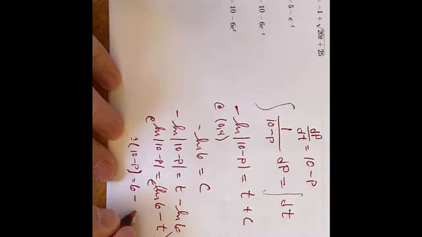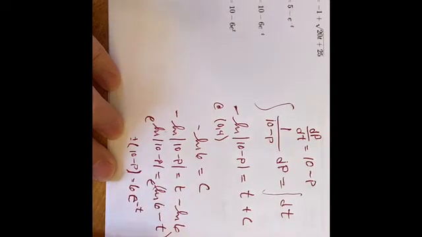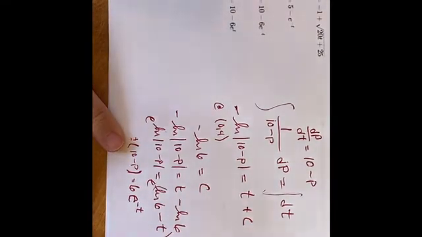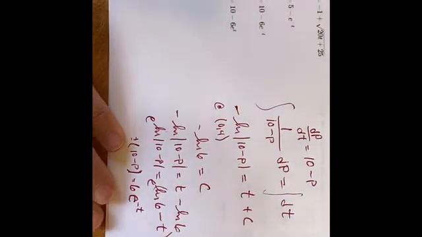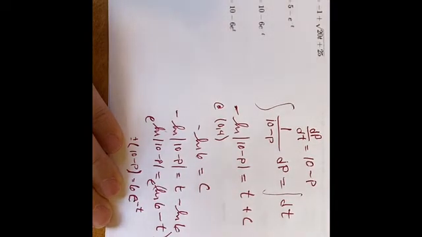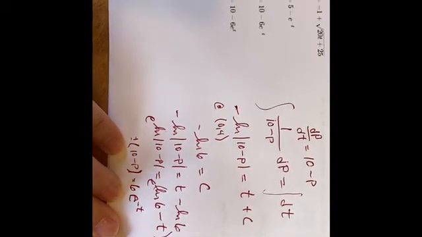I'll just say times e to the negative t. Let's make sure you understand what happened. When you multiply two things with the same base, like x to the third times x to the first, that's x to the fourth, right? You just add the powers. So if you have x to the fourth, you can write that as x to the 3 plus 1.